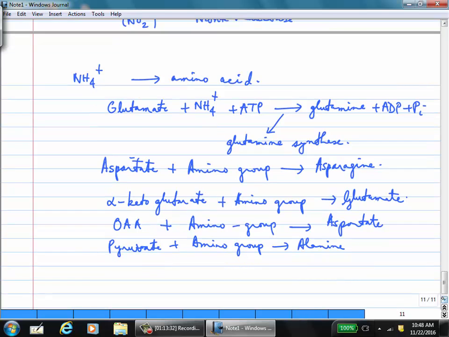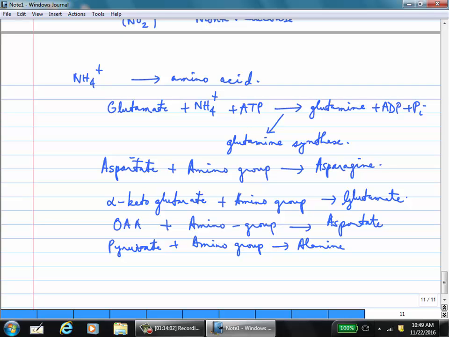Now I want to point out, these two things, aspartate and glutamate, are very important. They are like the entry points for nitrogen, whether it is animal cells or plant cells. I don't know about all the myriads of reactions, but whatever I have seen, they are the entry points. Now if you have the amino group on aspartate or glutamate and you want to transfer it somewhere else, there are reactions called transamination reactions.